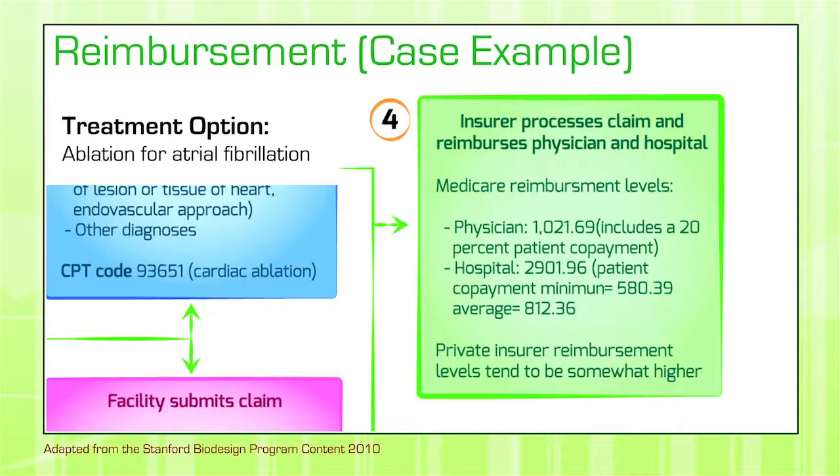In this case, Medicare reimbursement levels for this specific case are going to be calculated at $1,000 more or less for a physician. That includes a 20% patient copayment. In the case of the hospital, it's going to receive about $3,000, with a patient copayment minimum of $580 and an average of $800.